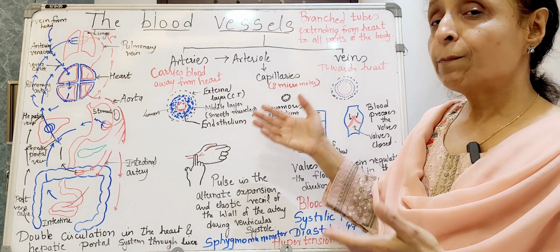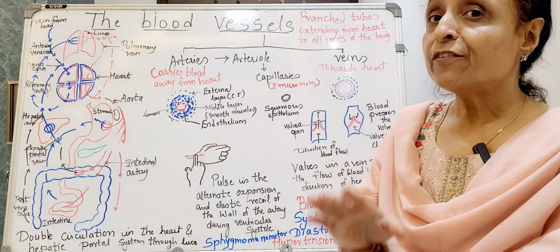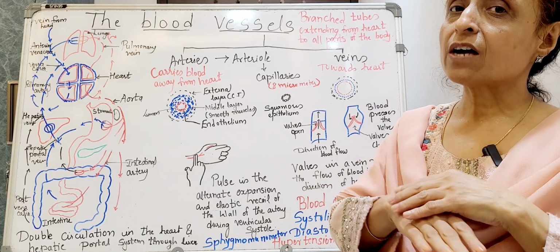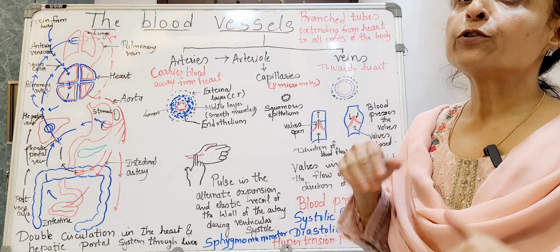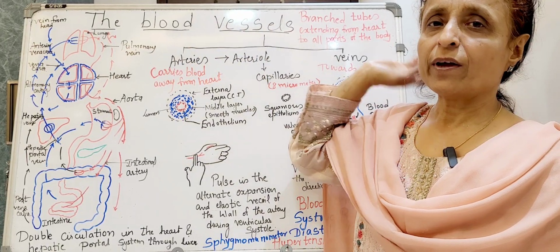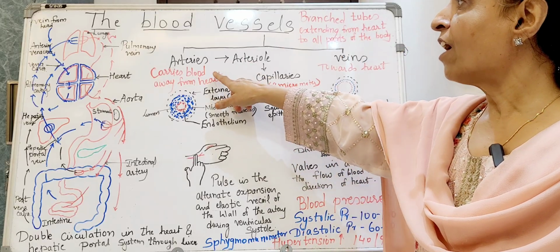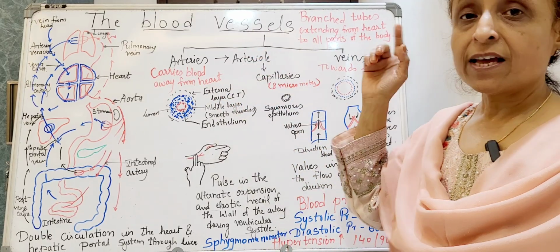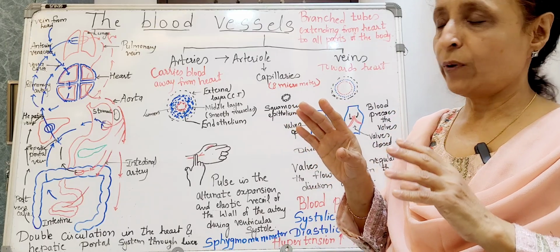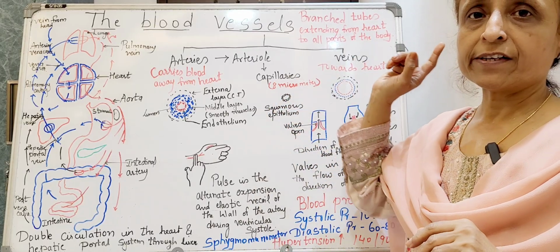Now, these are blood vessels. Arteries are deeply situated, whereas veins are superficially situated. So the blood vessels are arteries and veins, and then they break into minute blood vessels which are capillaries.